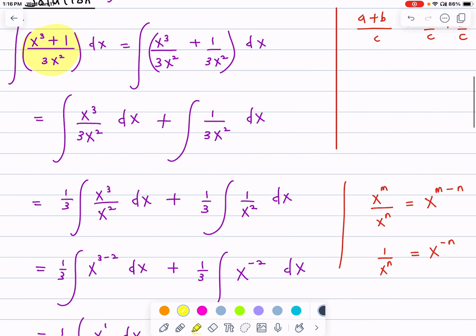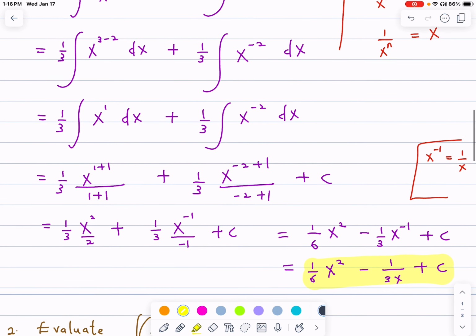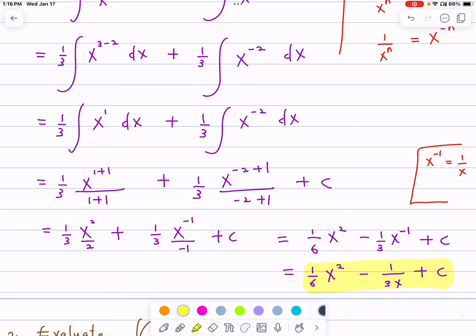And I just used the rule of exponents and simplified, and applied the fundamental technique of integration, which is, if you want to integrate x to the n, that's just going to be x to the power of n plus 1 divided by n plus 1, and just simplify that.